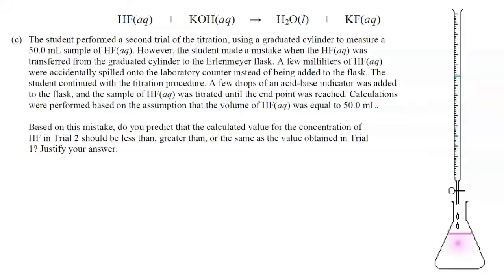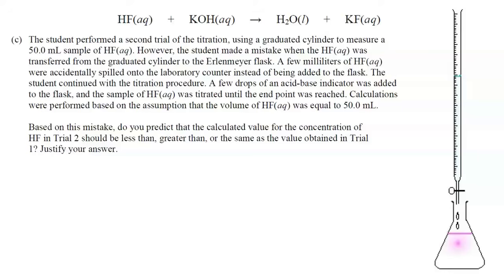All right, part C of this question. The student performed a second trial of the titration, using a graduate cylinder to measure a 50.0 milliliter sample of HF, just like in trial 1. However, the student made a mistake when the HF was transferred from the graduate cylinder to the Erlenmeyer flask. A few milliliters of HF were accidentally spilled onto the laboratory counter instead of being added to the flask.